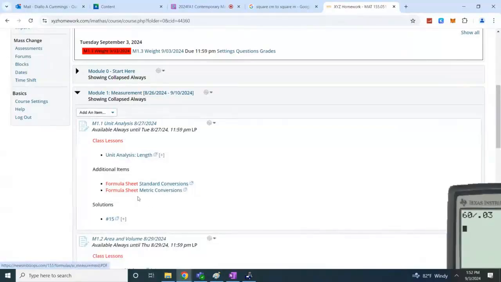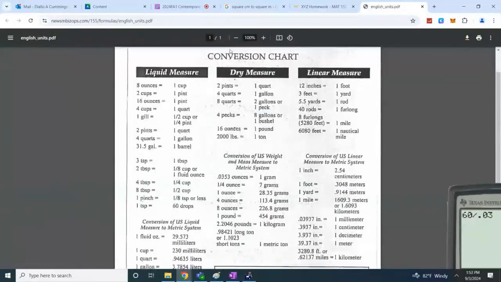There's a standard formula sheet and a conversion formula sheet. I basically just took this first part. You will need all of these formulas, but I isolated this first part for the second part of the homework in module 2.